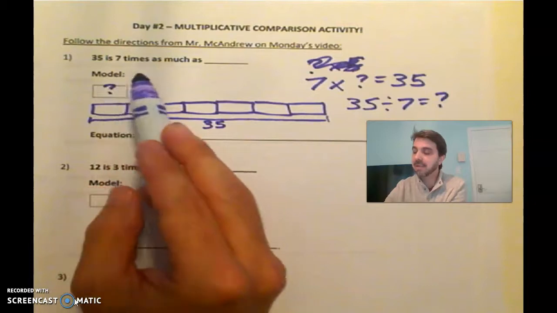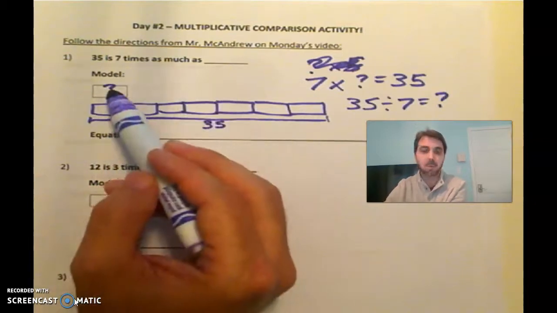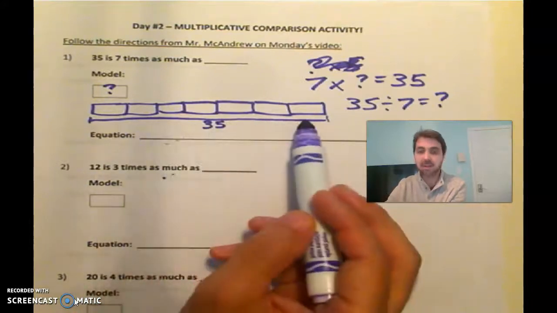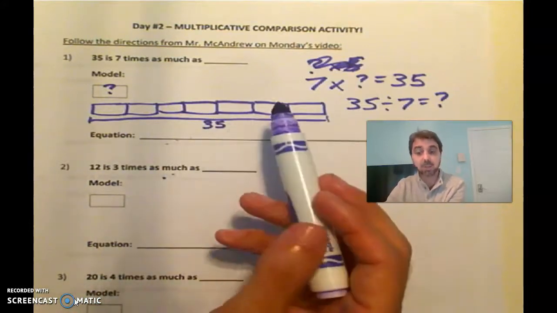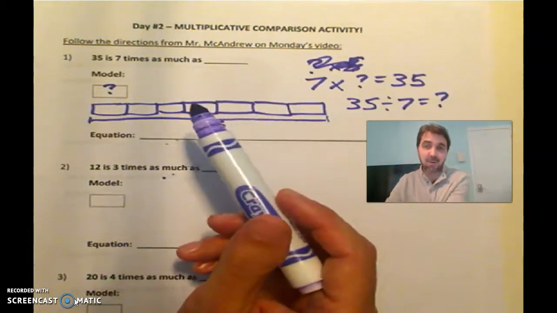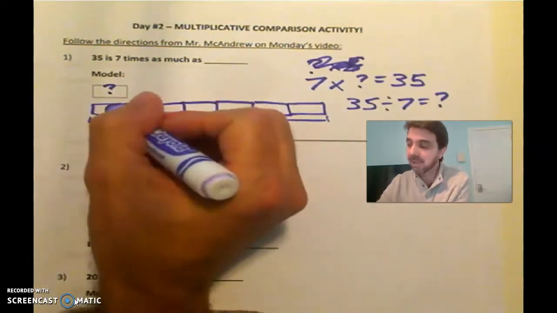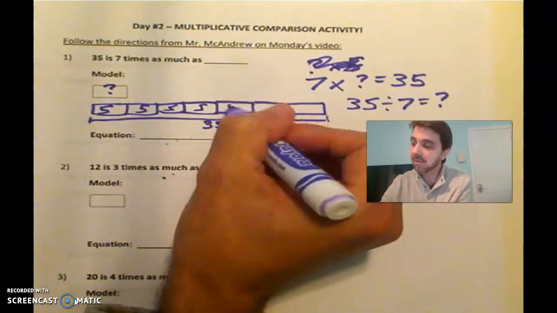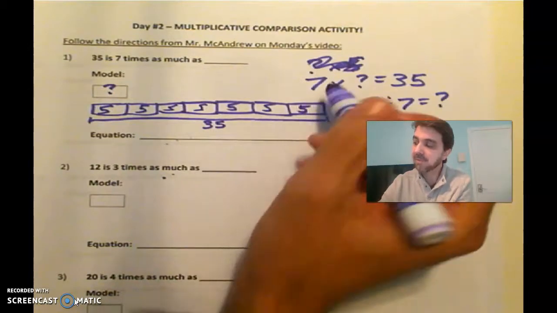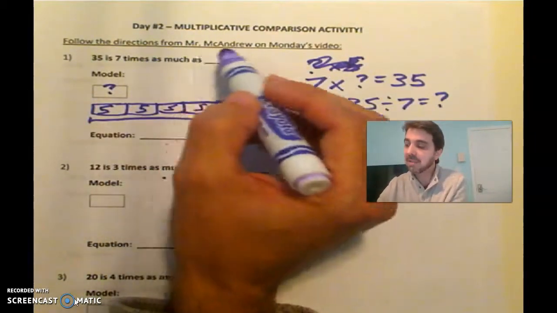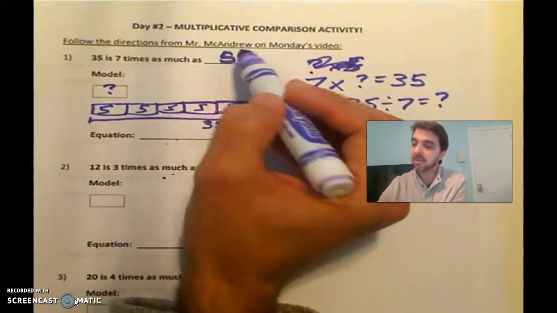So 35 is 7 times as much as what? Well, this is 7 times as much. Here's 35. We know it's 35. Do you know what 35 divided by 7 is? I kind of already gave it away. It's 5. Because 5 plus 5 plus 5 plus 5 plus 5 plus 5 plus 5 is 35. Okay? So 35 is 7 times as much as 5.